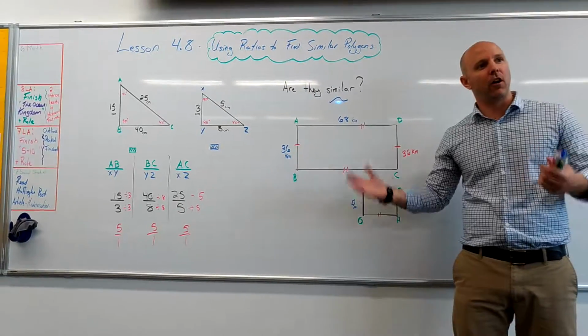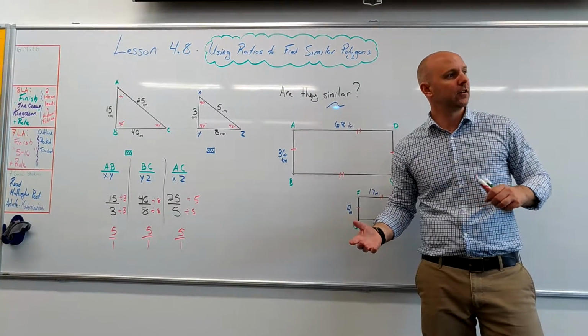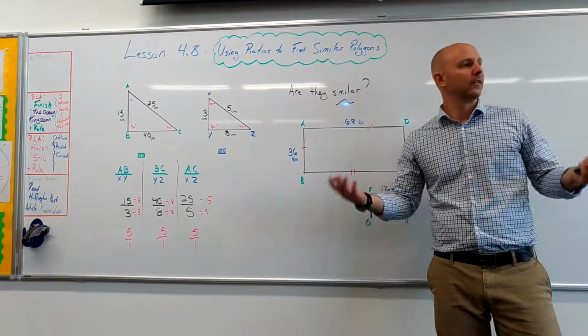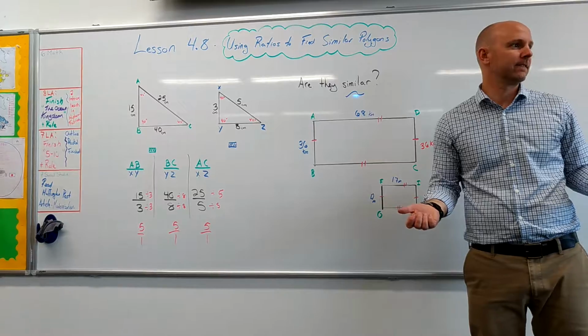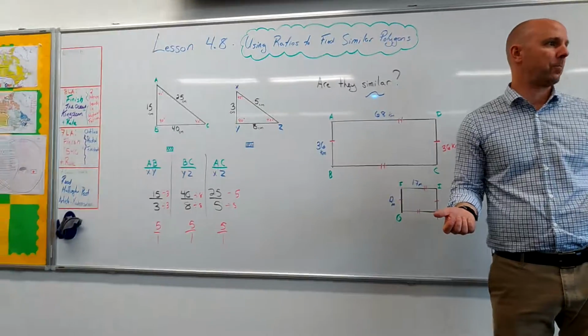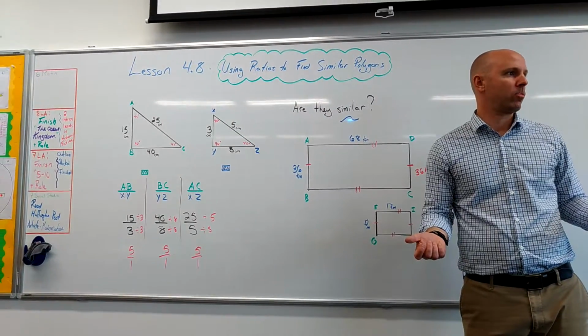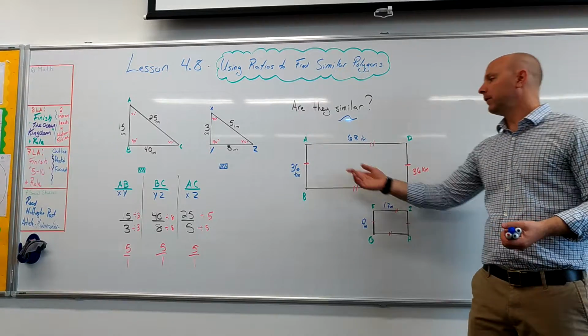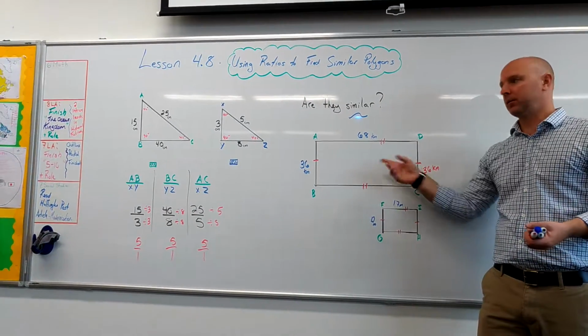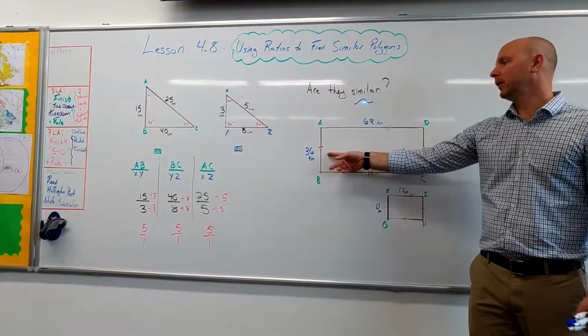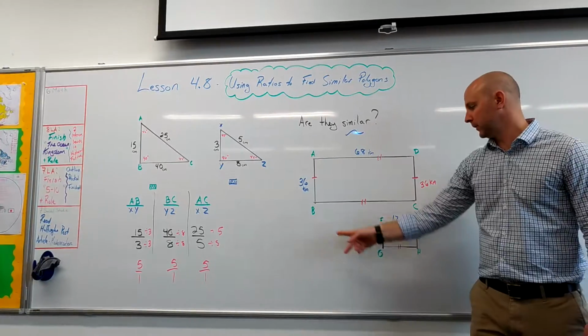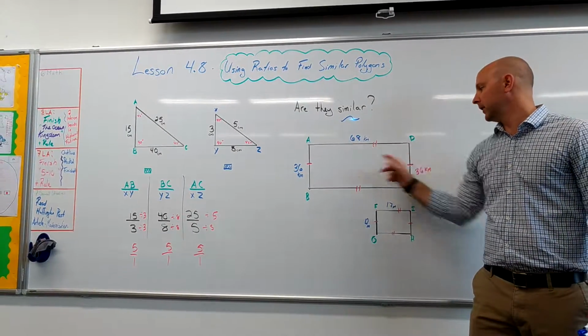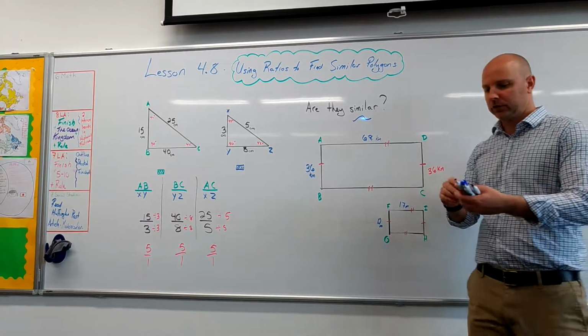Do I need to figure out all 4 sides, Kirk? No, you only need to figure out 2, because a rectangle is put together so that opposite sides are exactly the same. Since I have these symbols that tell me both sides are equal, if I figure out the ratio between this side and this side, it must be the same on both of these sides. So I'll show you what I mean by that.